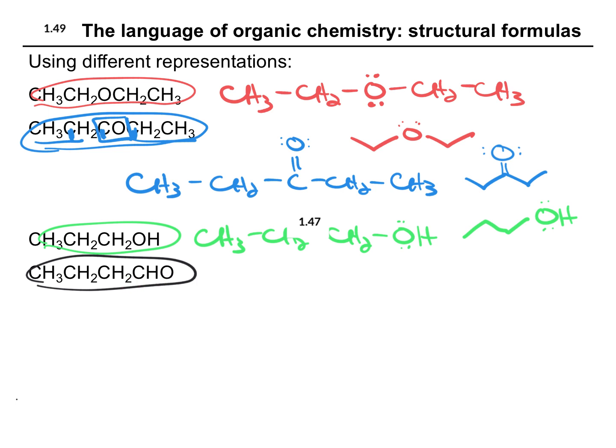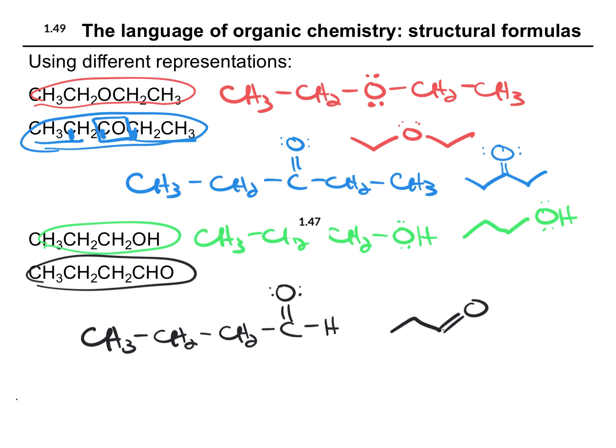So what does this mean? We have CH3 connected to CH2, connected to CH2, connected to C, which is connected to H, and connected to O by a double bond. And then we could write this like this.